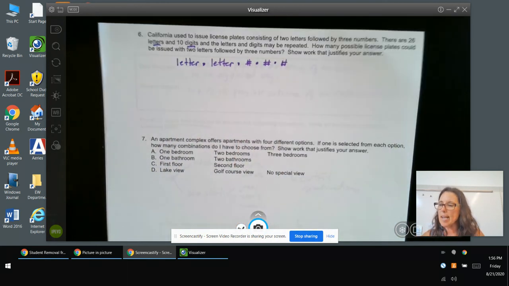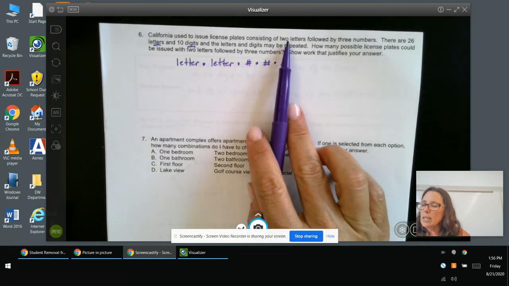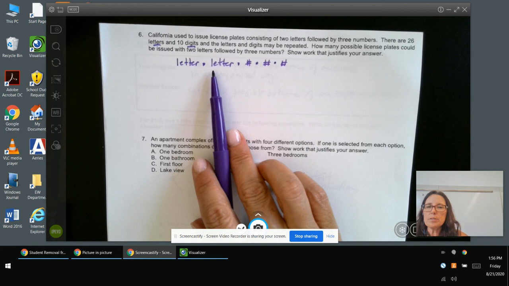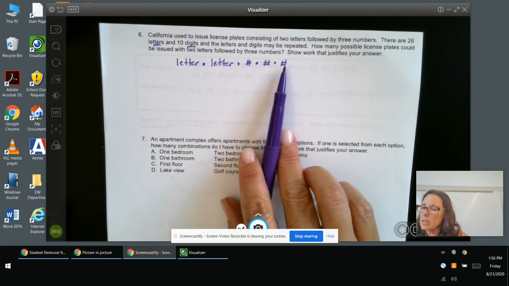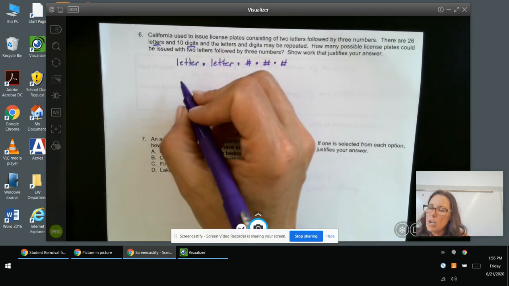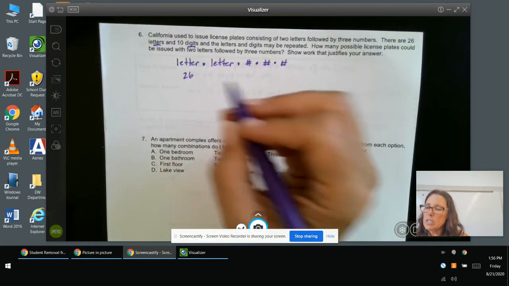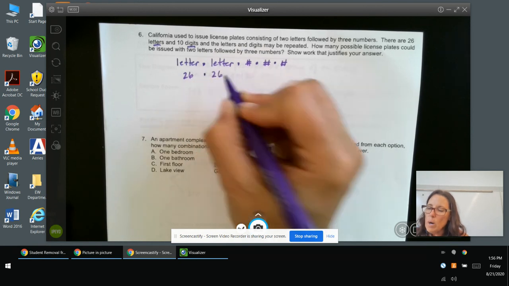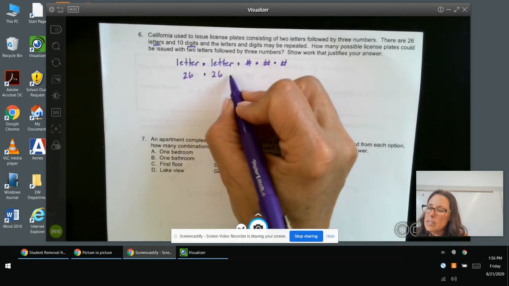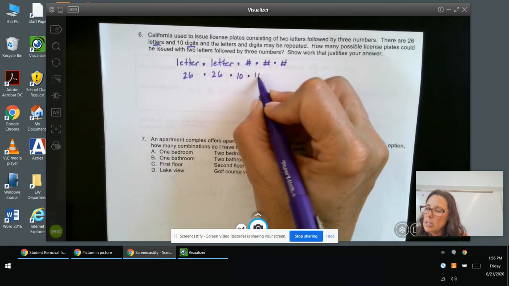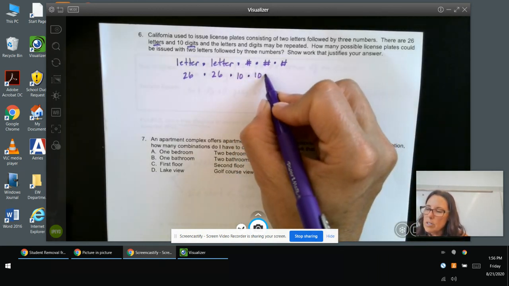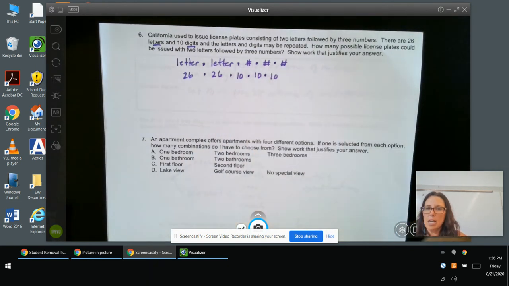Okay, check this out. 2 letters and 3 numbers. There are 26 options for a letter, 26 options for another letter, 10 options for a digit, 10 options for another digit, and another 10.